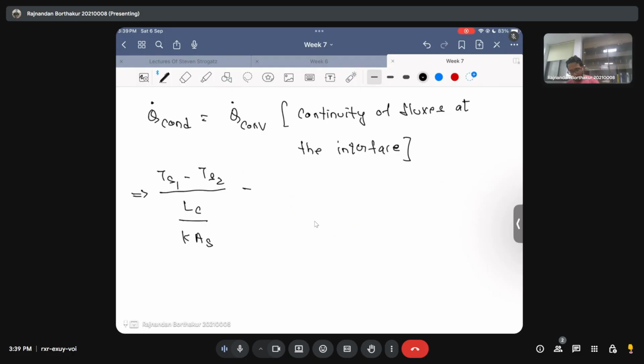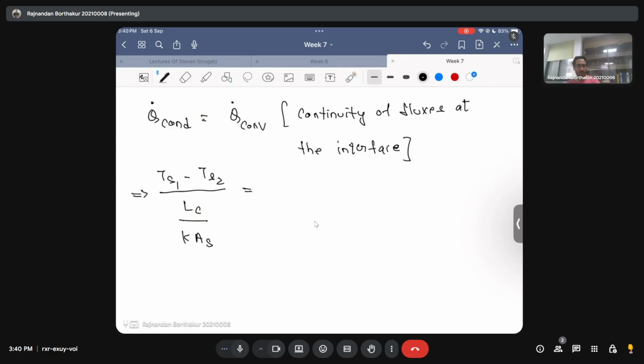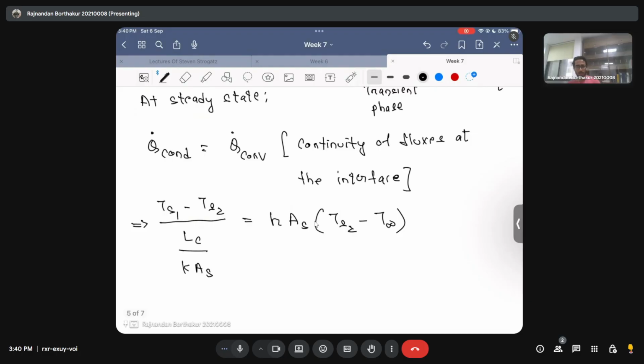So all I am writing is delta T by RTH. That's what I am writing for this q dot conduction, again because there is no heat generation taking place here. And similarly, from Newton's law of cooling, as we had been doing repeatedly, I can write q convection as H times AS times TS2 minus T infinity. That's all that I had been doing here, just writing the value of the individual heat transfers.